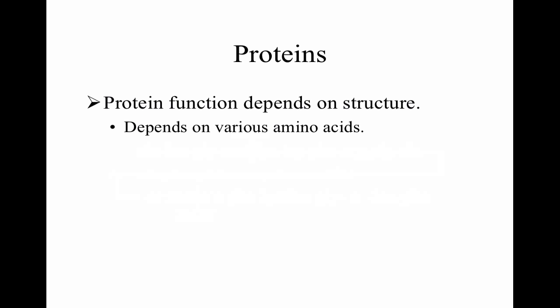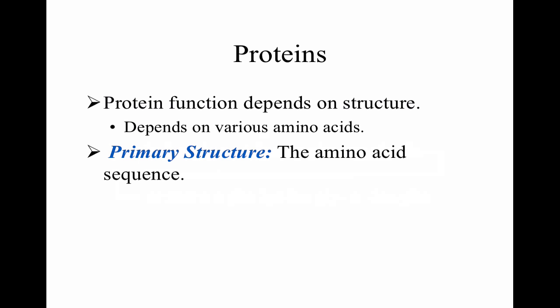And so alcoholics, for example, will drink so much that they'll go into acidosis, and it'll kill them. It's serious business, okay? So it depends on the various amino acids. There's the primary structure, which is what we've been talking about, which is just the sequence. Alanine, blah, blah, blah, phenylalanine. That's the primary sequence.